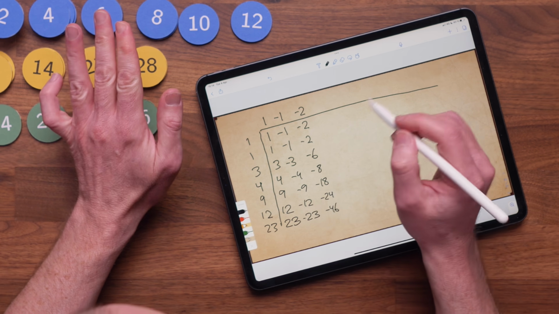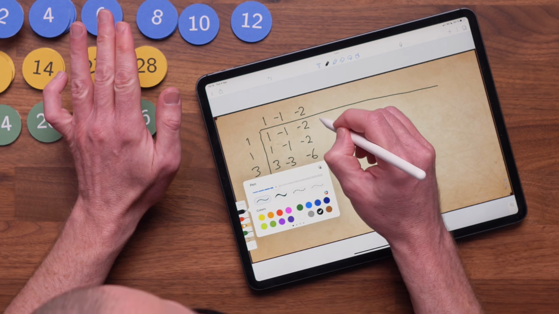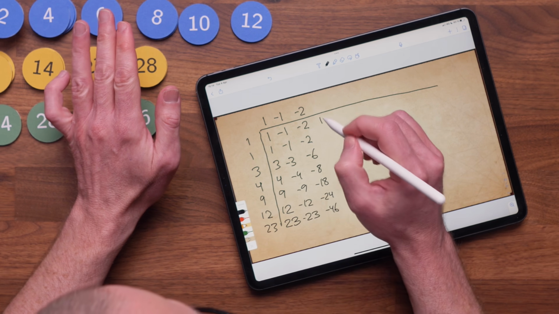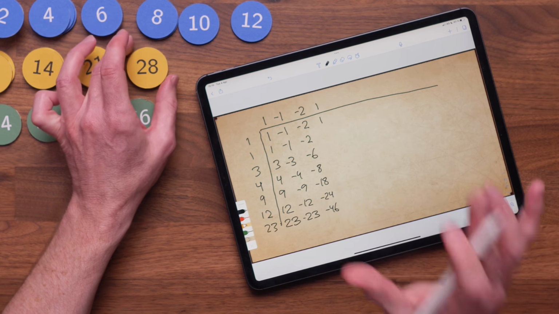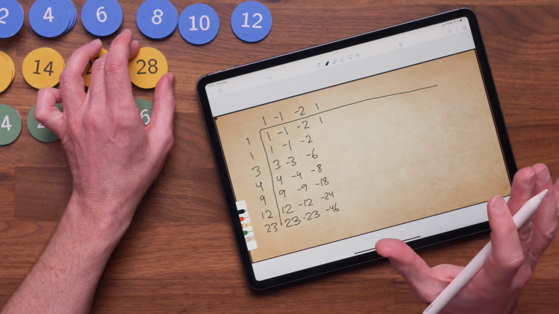Next number has to be 1. That gives me a 1 on top, and we keep going.